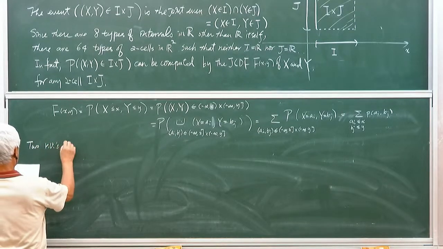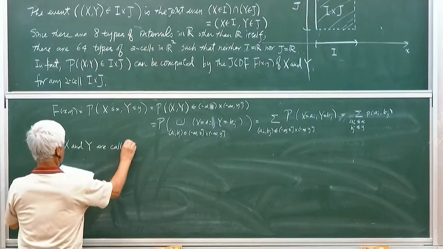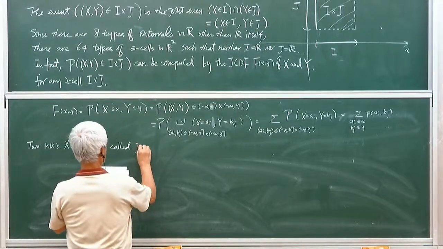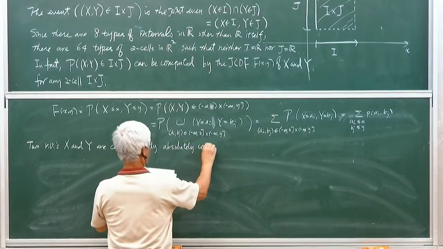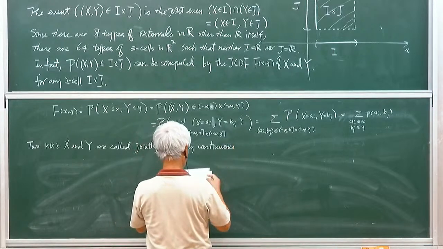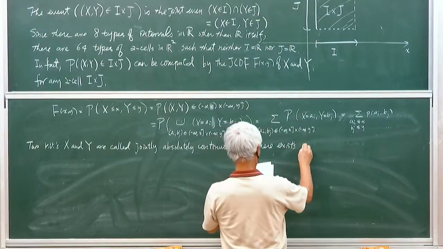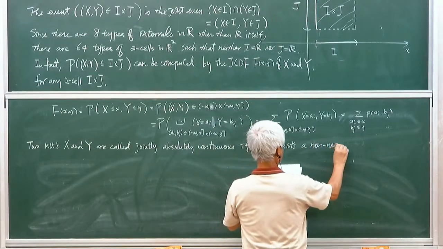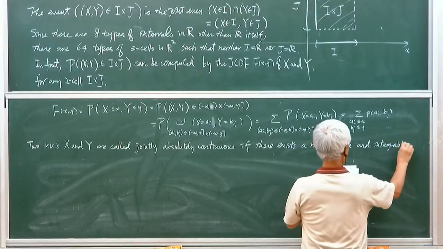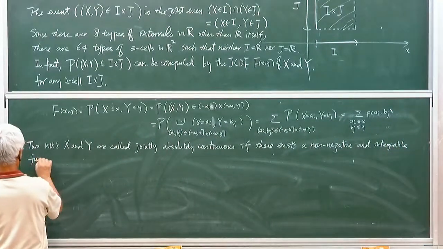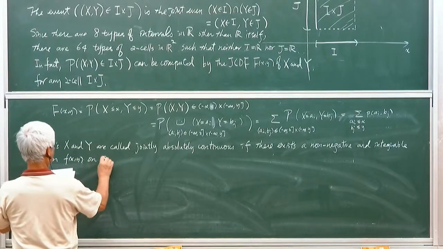Two random variables, X and Y, are called jointly absolutely continuous if there exists a non-negative and integrable function f of x,y on the real plane, R squared.